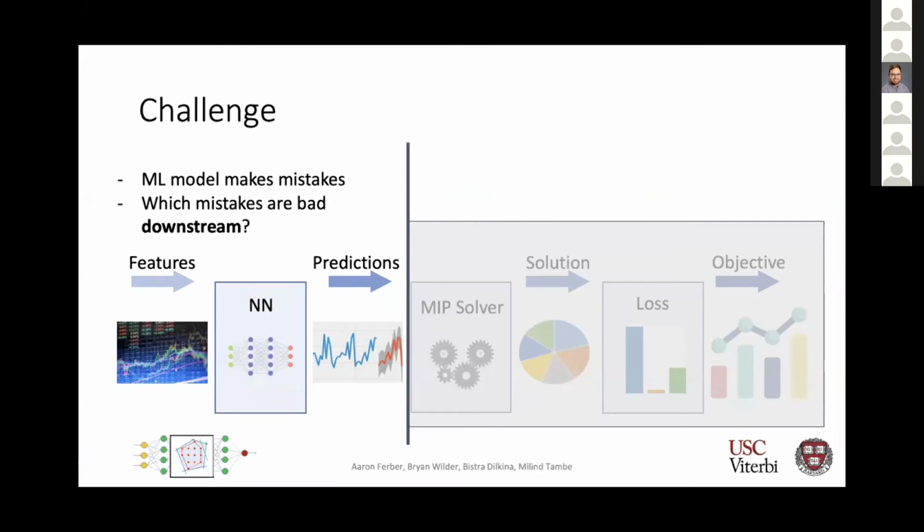However, one big challenge for this setting is that the machine learning model is going to make mistakes. And especially in settings with low information content, this is a big problem. To make matters worse, in this approach, the machine learning model has no idea how its mistakes will impact the quality of the downstream decision.